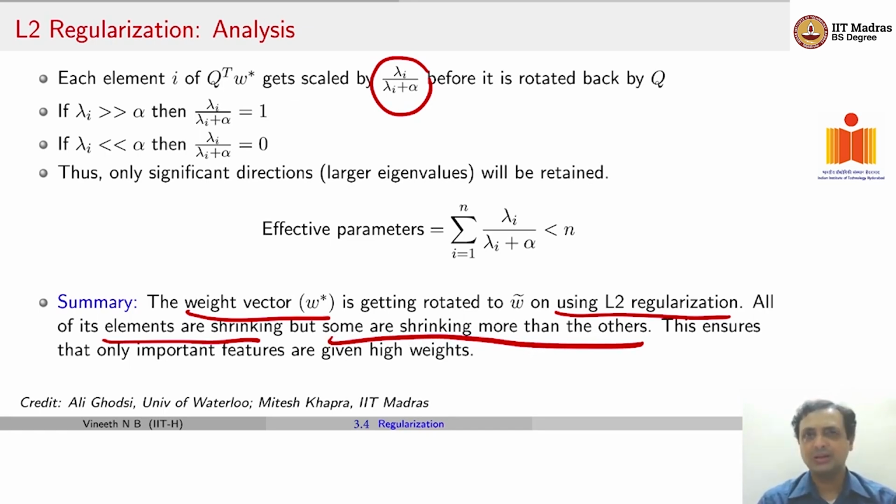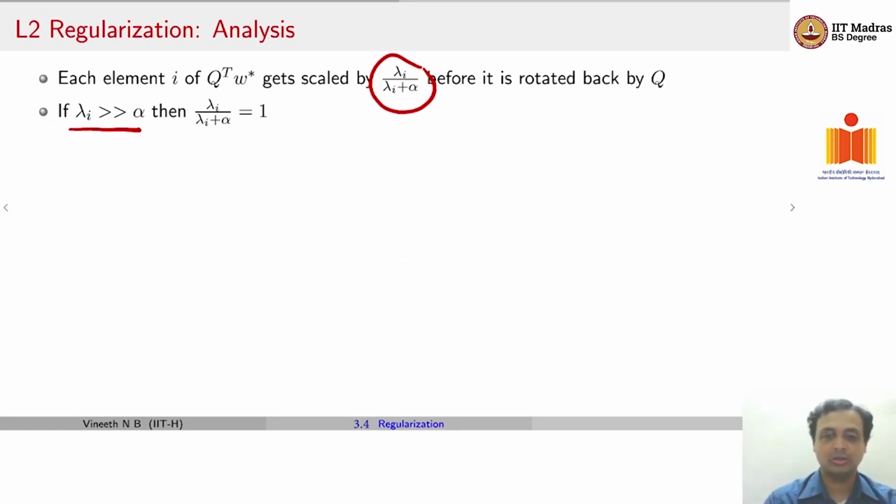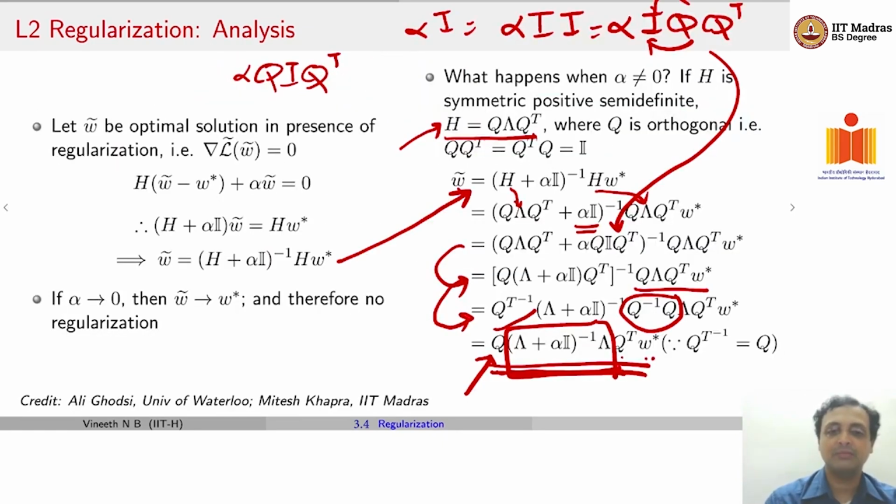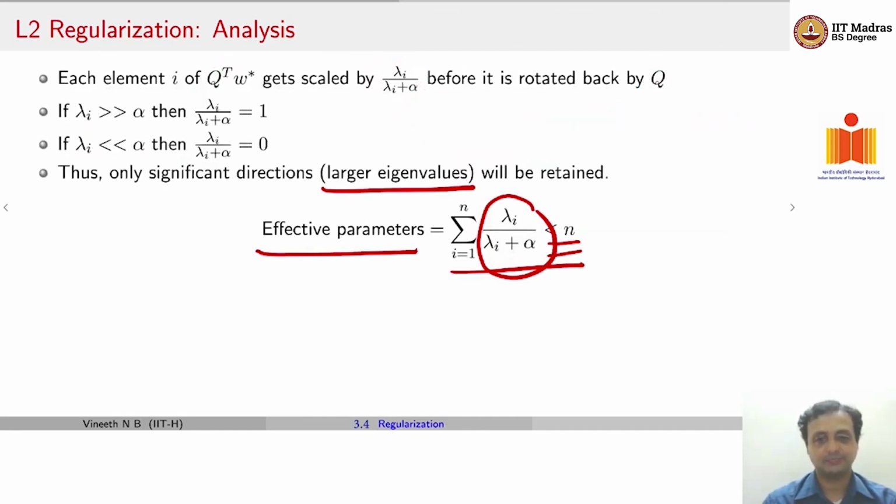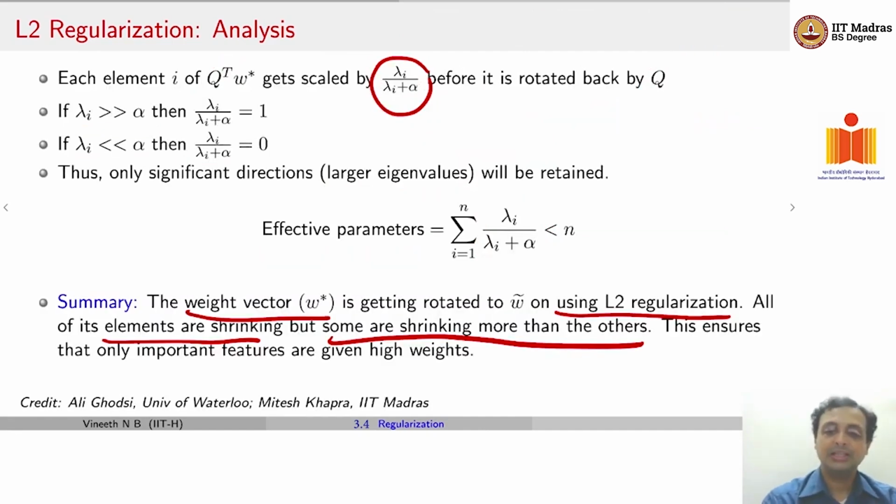And what are those eigenvalues? Eigenvalues of H. Remember, that's how we wrote it a couple of slides back. It's the eigenvalues of H, the Hessian. This ensures that only important features get high weights and other features may not get high weights. That's one way of understanding L2 weight decay.